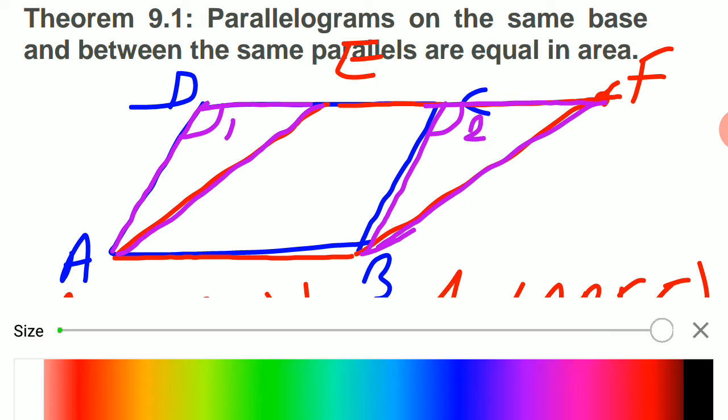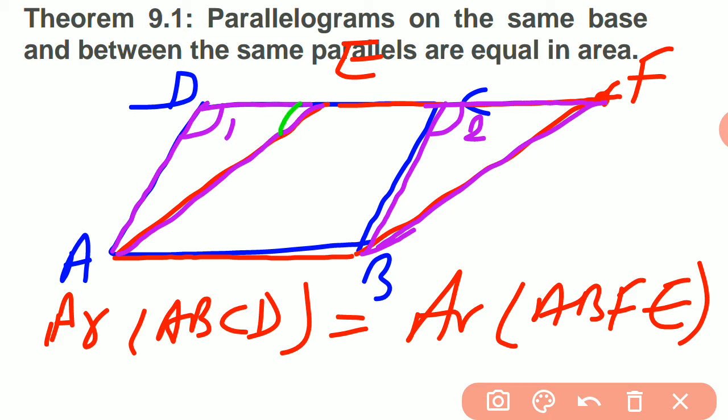Similarly, this is angle 3 and this is angle 4, angle 3 equal to angle 4, this is also a corresponding angle, and this side is equal to this side, that is AD equal to BC, opposite sides of a parallelogram.